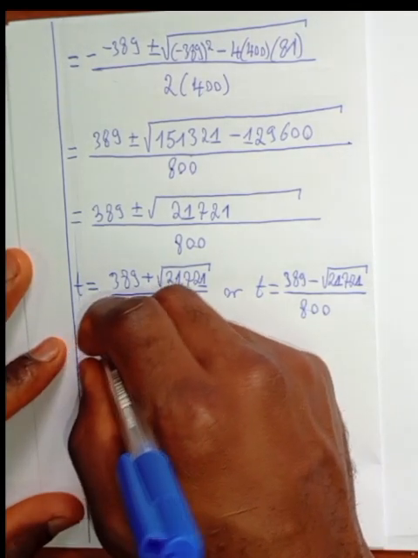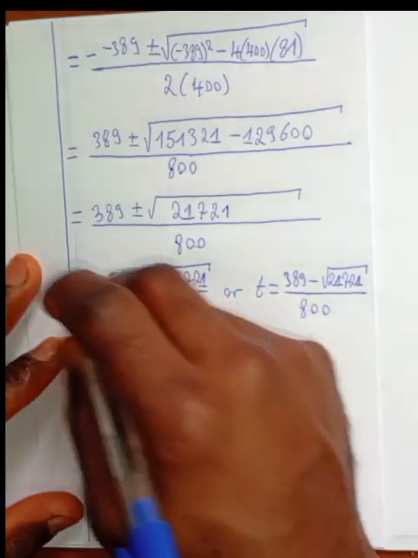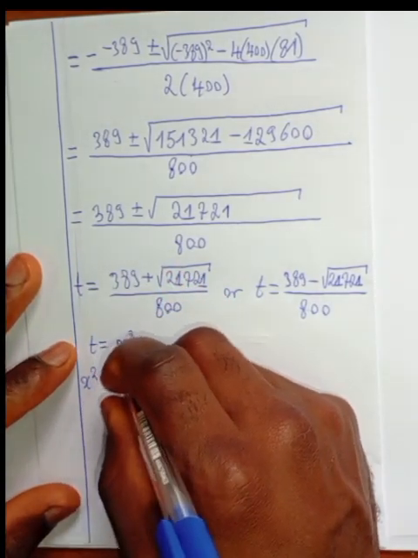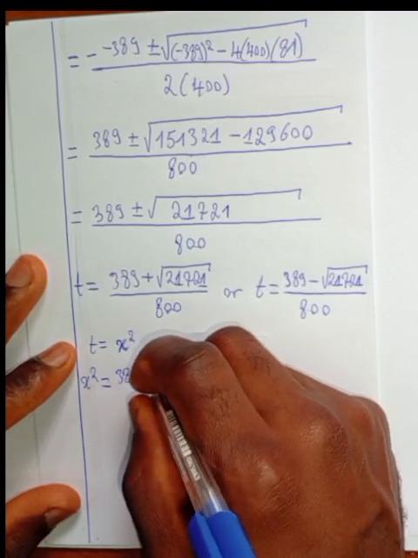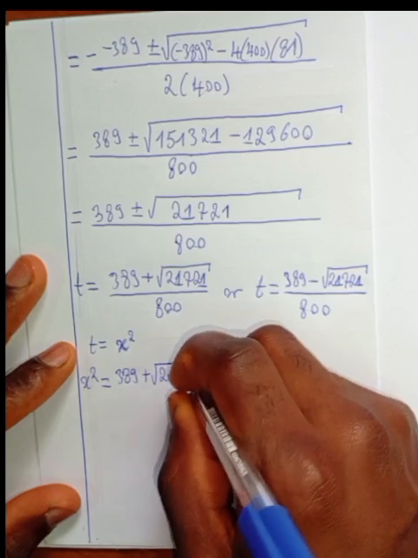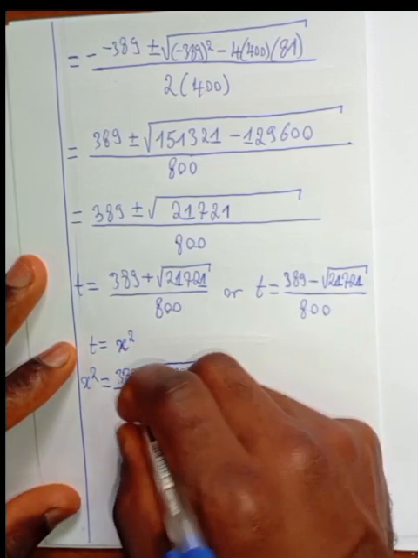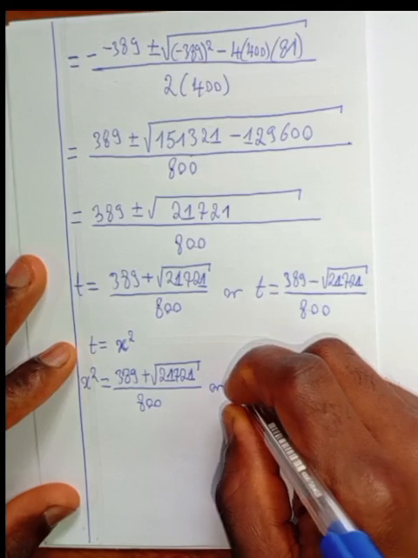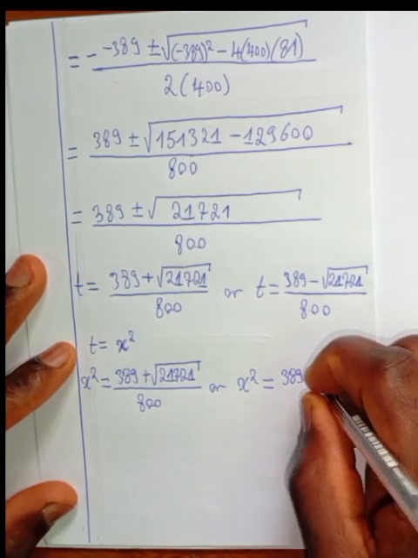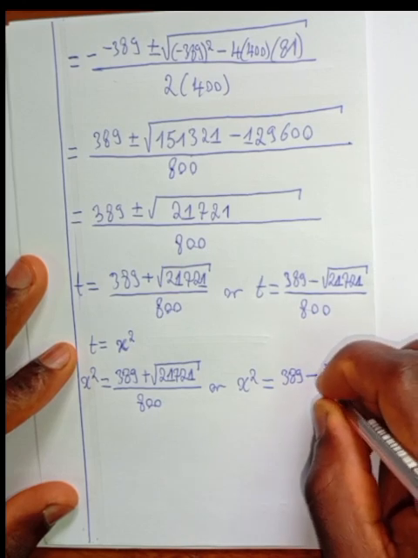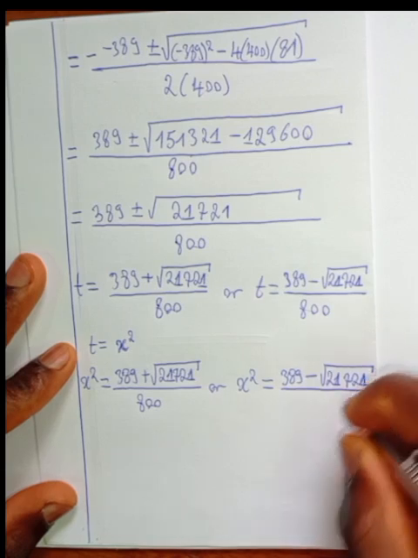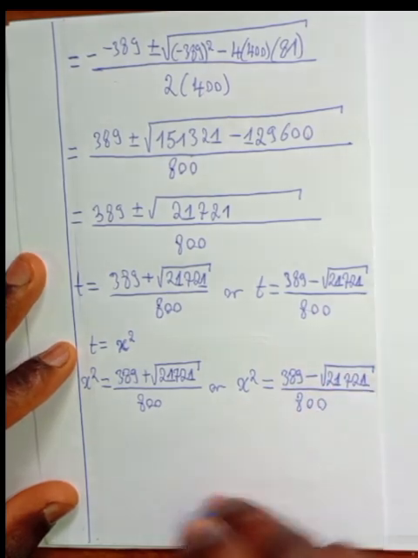Remember, we are not looking for t. We know t is equal to x squared. We are going to replace t with x squared. This will give us x squared to be equal to 389 plus root 21,721 all over 800, or x squared will be equal to 389 minus root 21,721 all over 800.